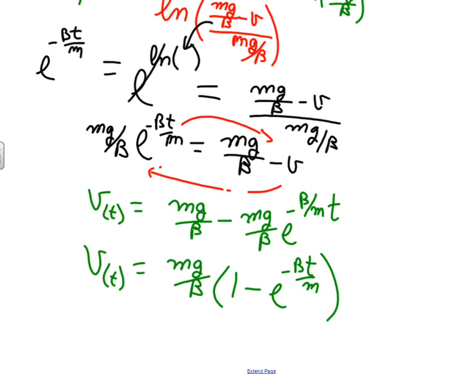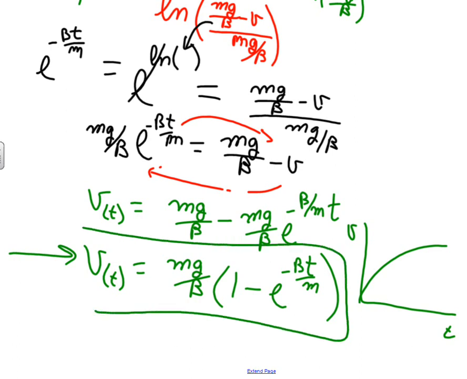But the essence is the same thing as this equation. Folks, this is the equation that goes with that graph. That graph of velocity as a function of time, this is the equation that is a mathematical expression of that graph.